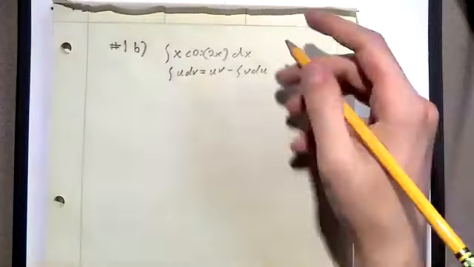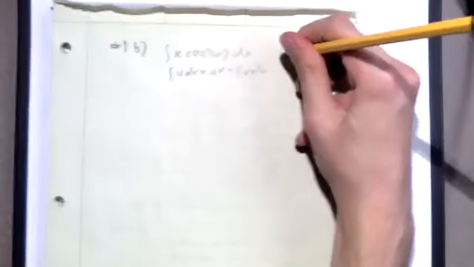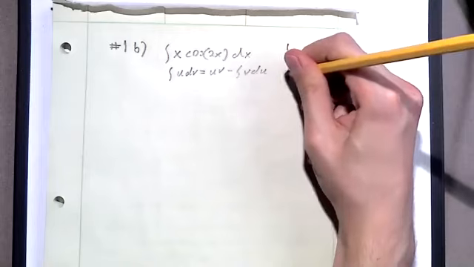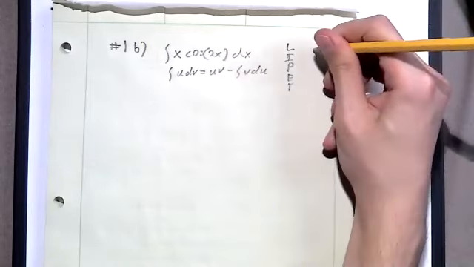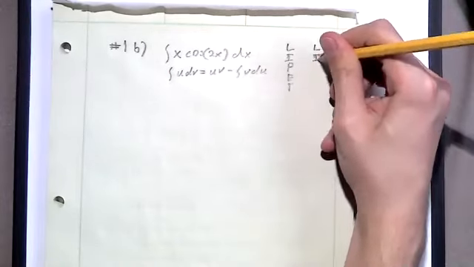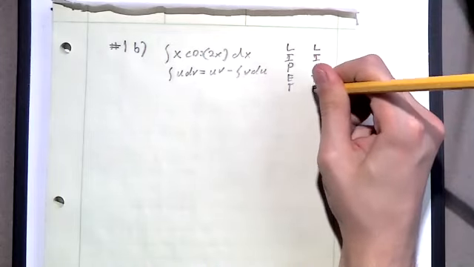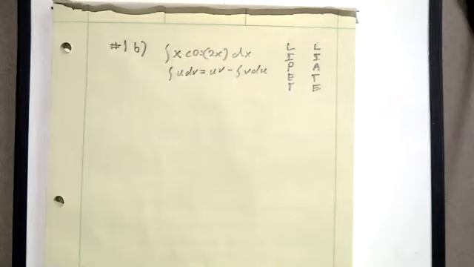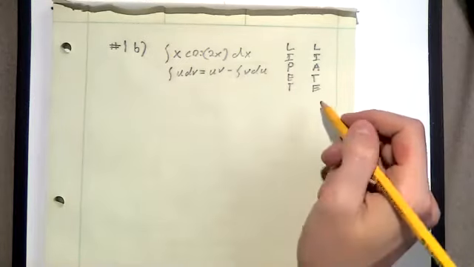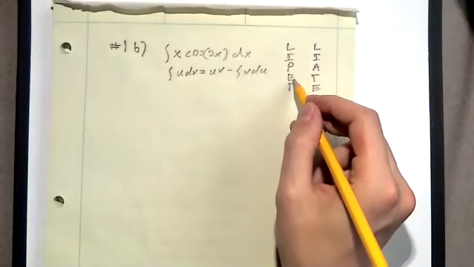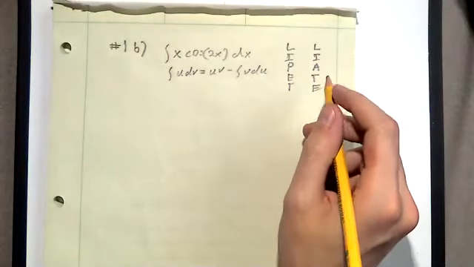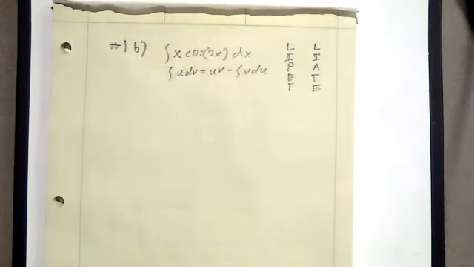So you'll either see LIPET, which is what I learned, or LIATE, which I think most of you probably learned, because for whatever reason, I learned differently. While these look somewhat similar and somewhat different, especially these E and T's being reversed, there's not much difference between them actually, and I'll show you why.